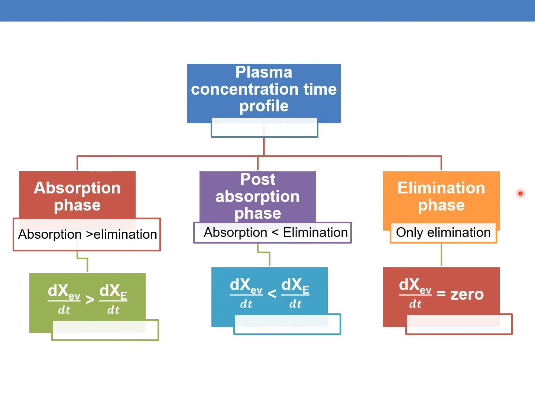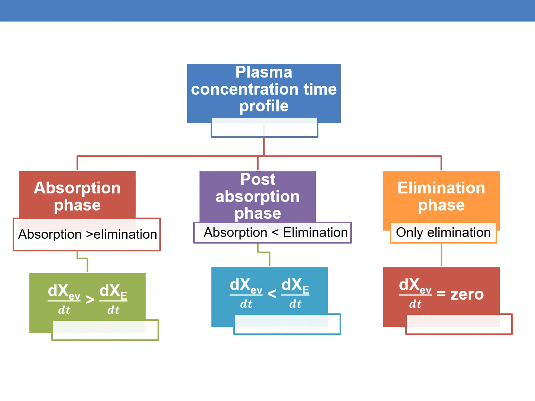The third phase is after completion of absorption. Whenever the absorption rate becomes 0, the plasma level time curve is characterized by the elimination phase. During the elimination phase, only elimination exists. Absorption is completely 0. These are the three phases of the plasma concentration time profile.